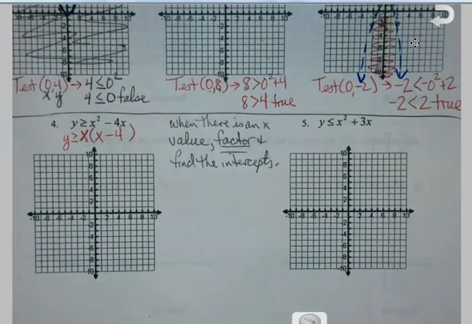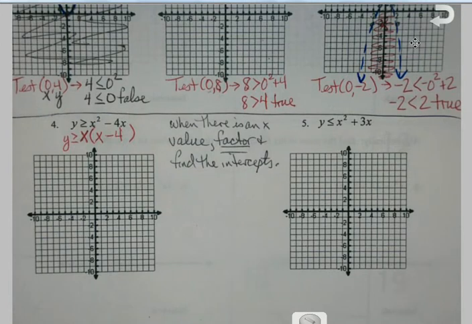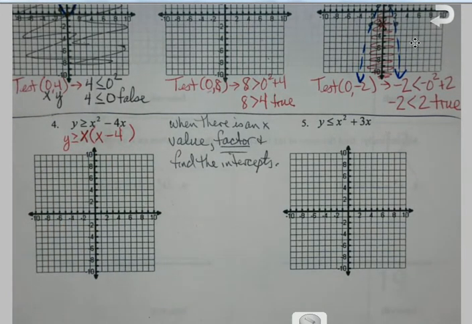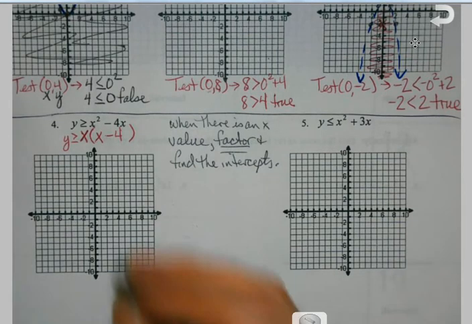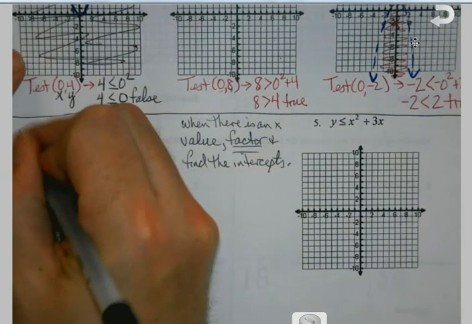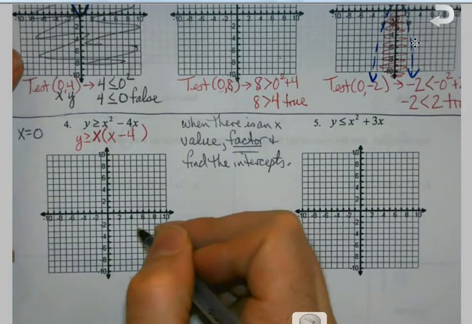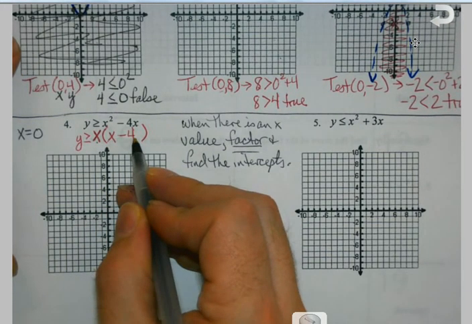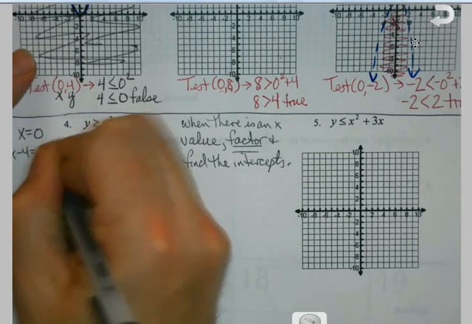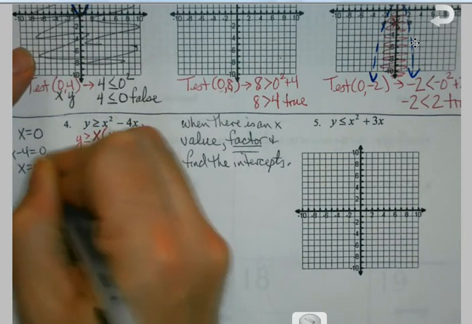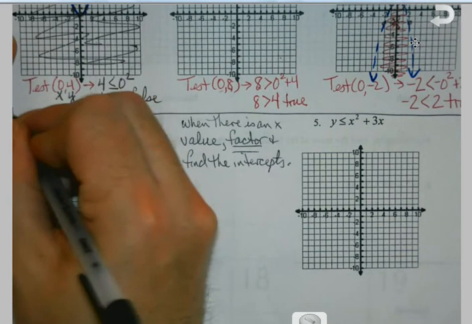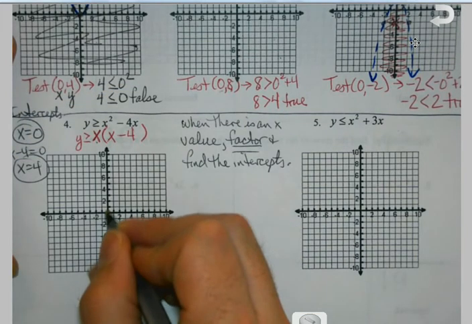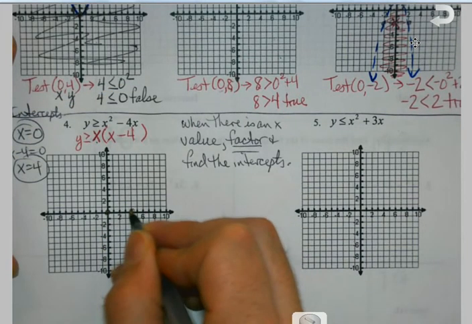Well, when we're finding intercepts, we're just going to set each of those equal to 0. Okay, even the x? Yes, even the x. So I'm going to have intercepts at x equals 0. And then if I set x minus 4 equal to 0, those are going to be my intercepts at 0 and 4.